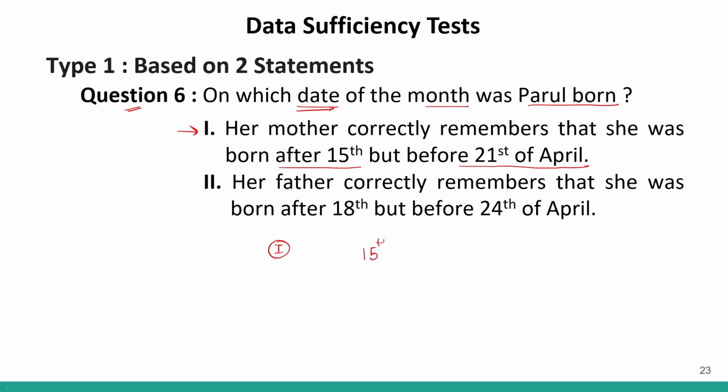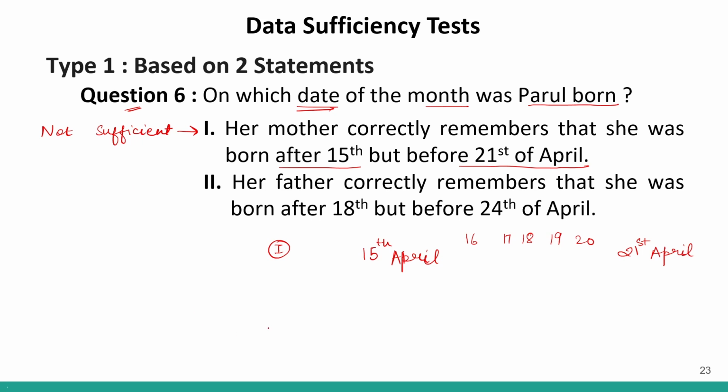That means she was born between 15th April and 21st April, correct? That means she could be born on 16, 17, 18, 19 or 20 April. So we are getting 5 possibilities. So this statement alone is not sufficient, correct?